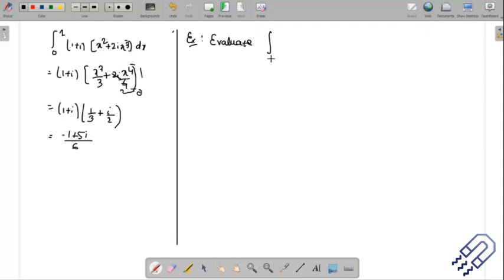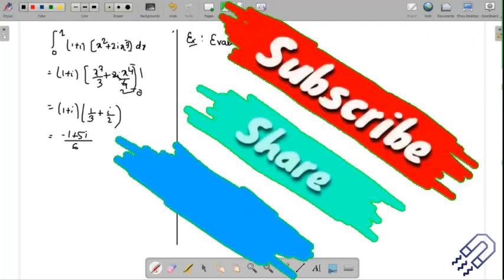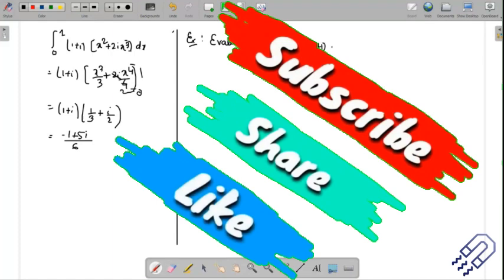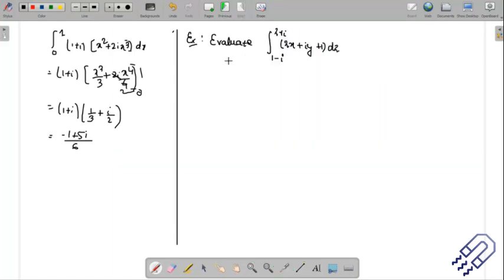Evaluate the integration from 1 minus i to 2 plus i of 2x plus iy plus 1 dz. And I'll give you the path along which you have to do your calculations. x is equal to t plus 1 and y is equal to 2t square minus 1.